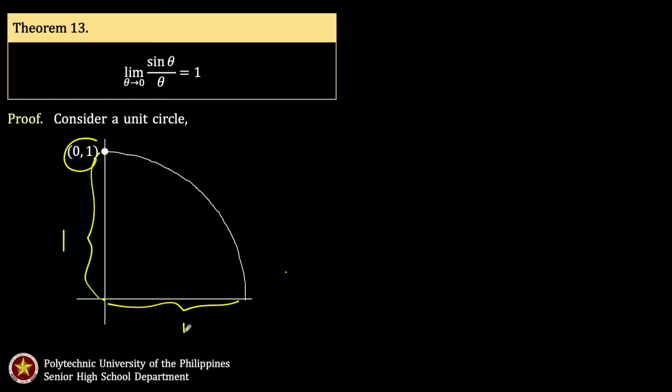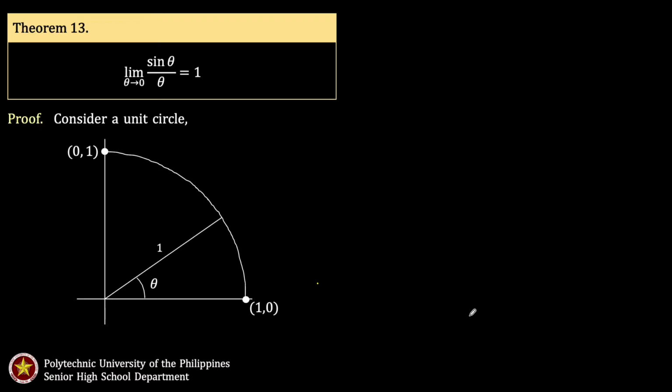That's why the coordinate on this location is 1, 0. Let us put a line segment on this position, and of course, its measurement is also equal to 1 since it represents a radius. Now, once we have a line segment on that location, an angle has been generated and we will denote this as theta.